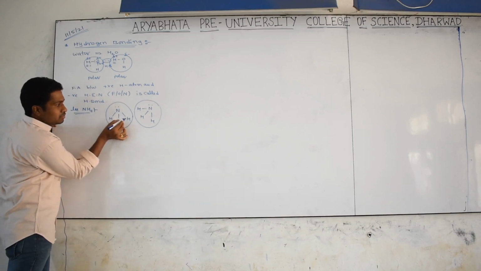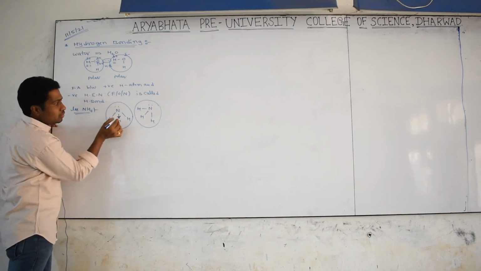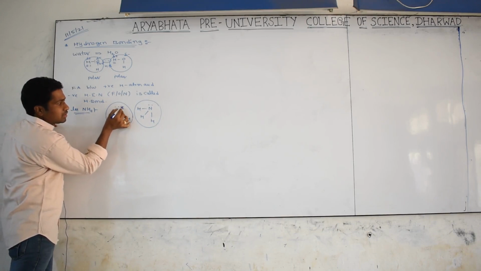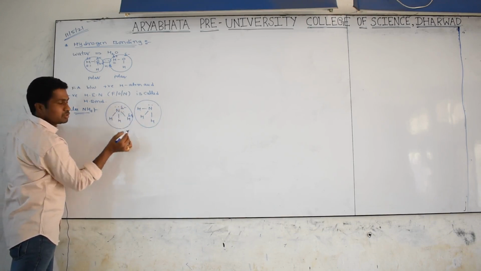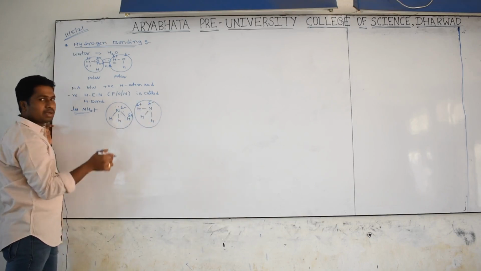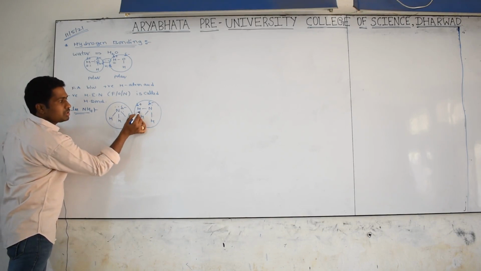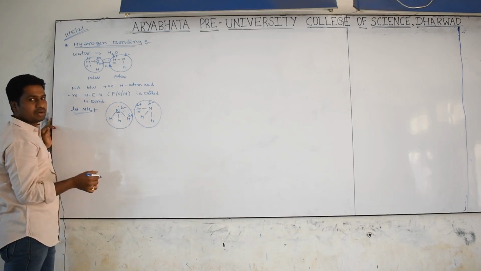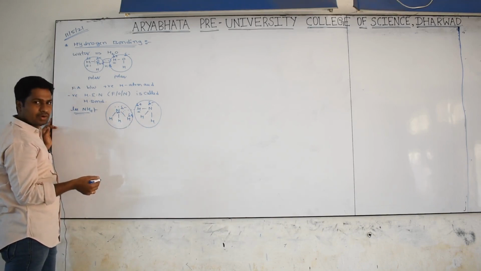Between nitrogen and hydrogen unequal sharing is going on. That's why the shared pair is very near to the nitrogen, which gets partially negative, and hydrogen gets partially positive. This is partially positive, this is partially negative. What I am telling is that a partially positively charged hydrogen atom having attraction with a negatively charged highly electronegative element is called hydrogen bonding. Are you understanding or not?